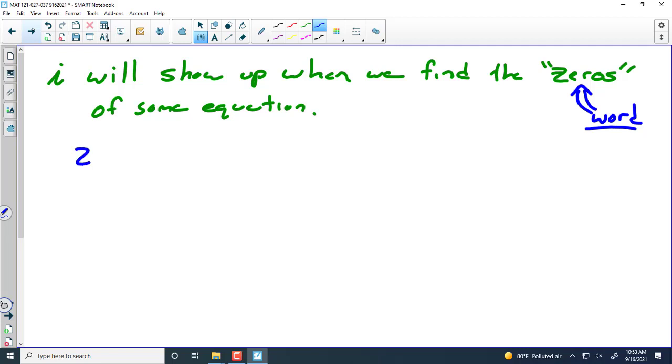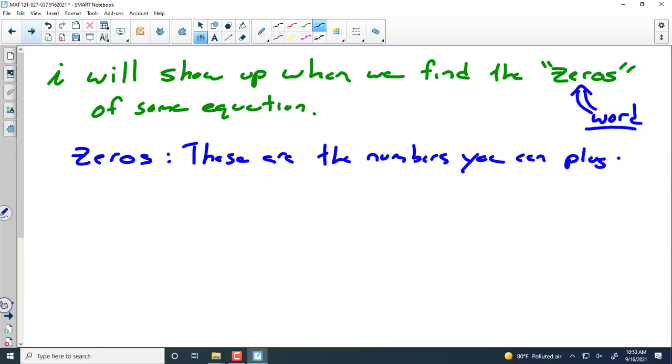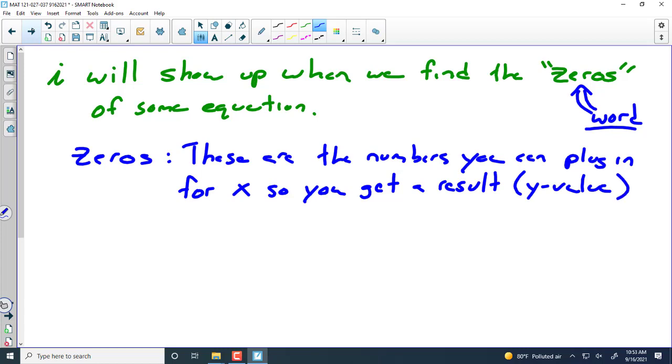And what do I mean when I say zeros? These are the numbers you can plug in for X, so you get a result, a Y value of 0. See, the word zero, Z-E-R-O, refers to the list of numbers, which might just be one number, but the list of numbers that you can plug in for X and make the entire equation go to 0.